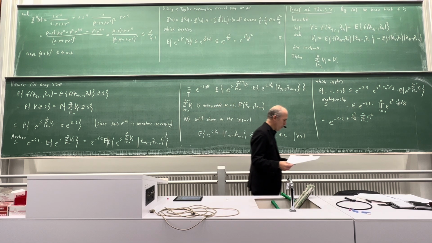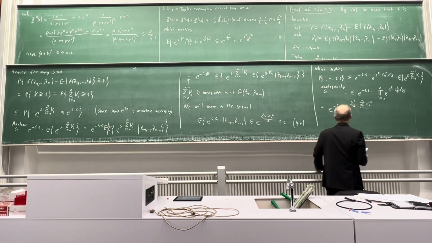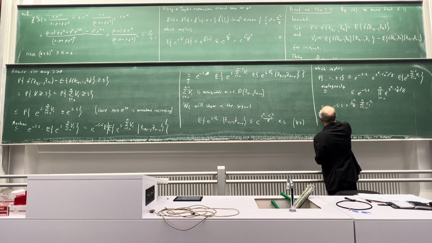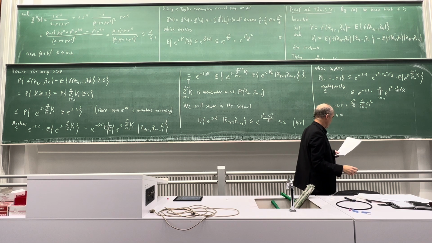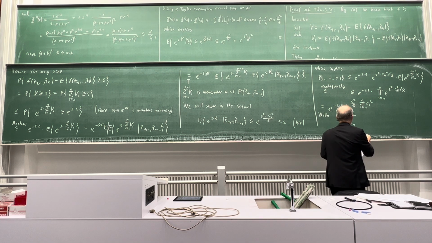Now we choose s in the proper way. s must be chosen as 4 epsilon divided by the sum over i equal 1 to n of ci squared.